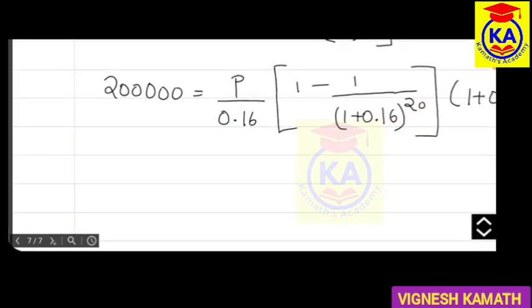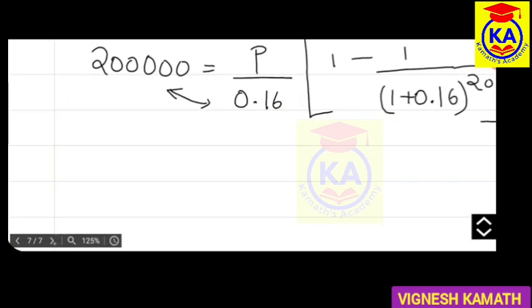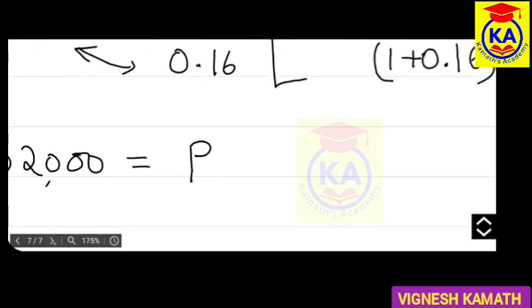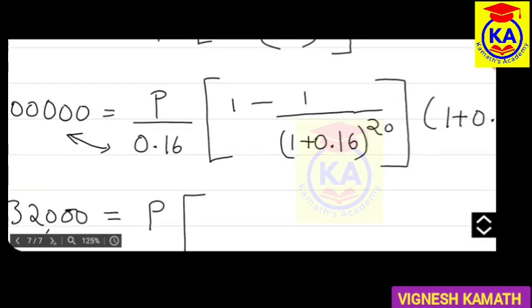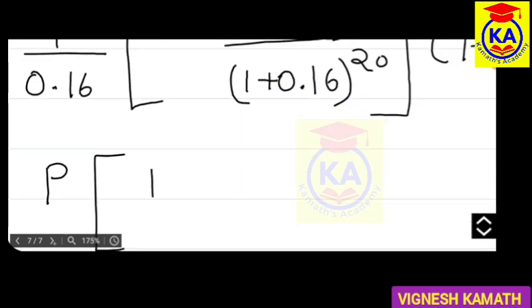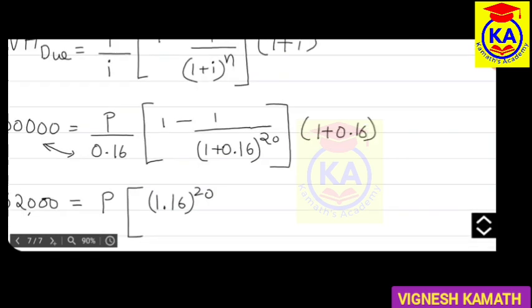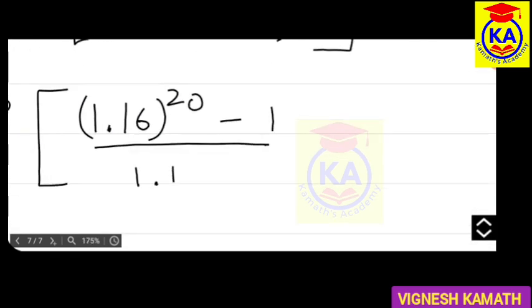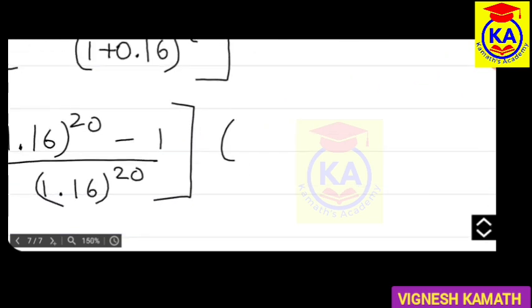Let's multiply this too. If you multiply this, you'll get 32,000 equal to P bracket. Let's take the LCM: 1.16 to the power 20 minus 1 divided by 1.16 to the power 20, bracket close, into 1.16.